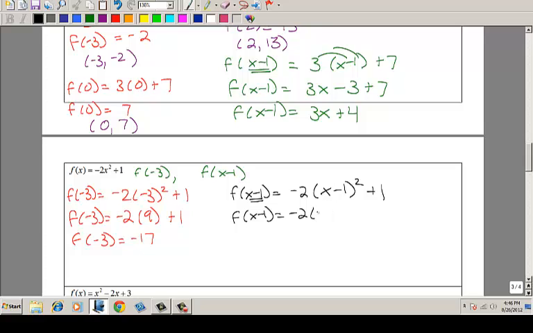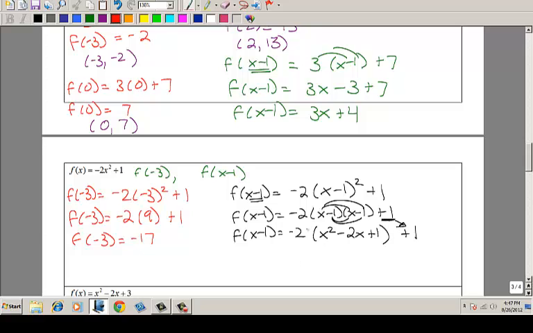If it helps, write it twice and then distribute so you don't make any mistakes. Let's go ahead and distribute these. I would get x squared minus 1x plus 1, which becomes x squared minus 2x plus 1 when I combine like terms, plus that other 1. Don't forget to write that down.